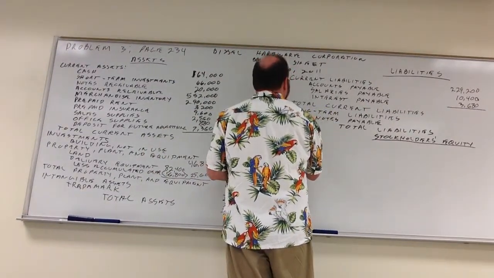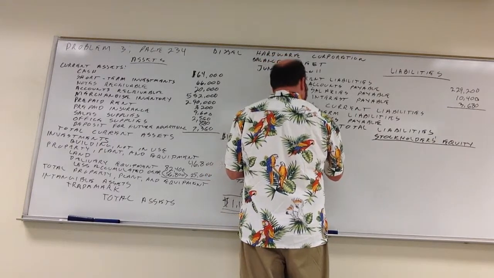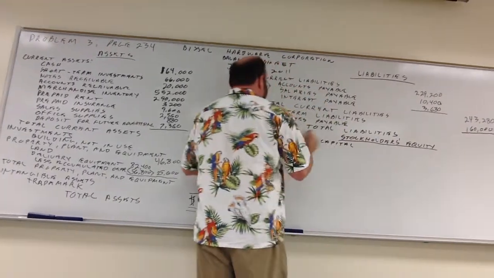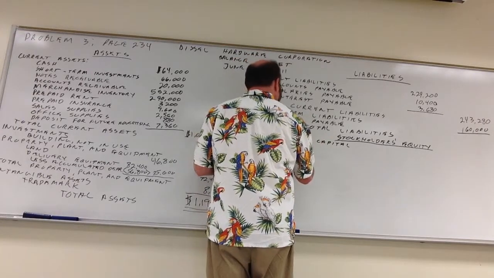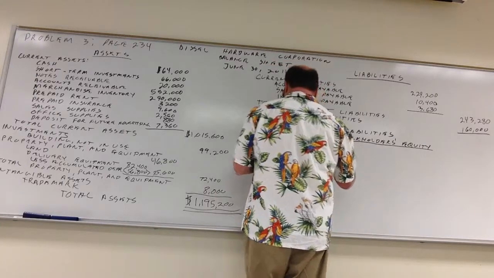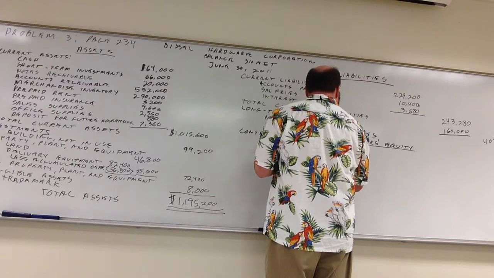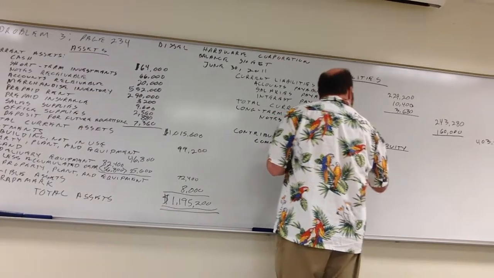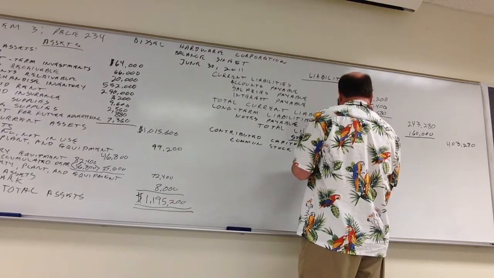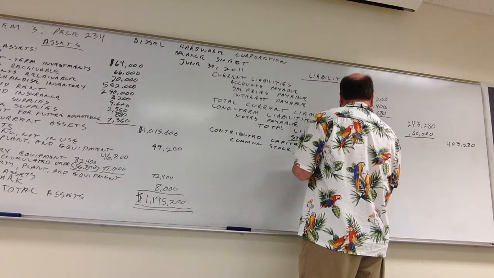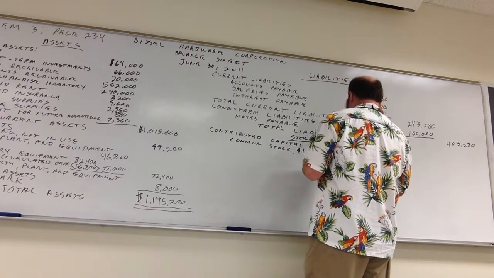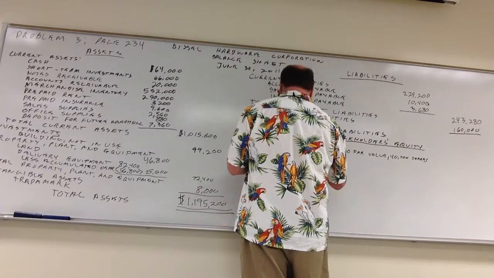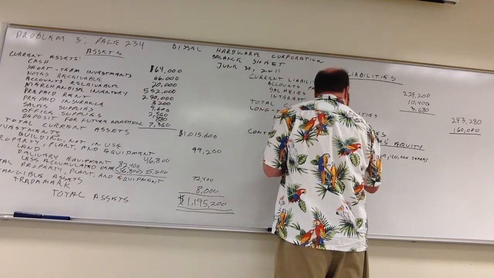Contributed capital: so we have common stock, and this common stock has a $1.10 par value, with 40,000 shares authorized, issued, and outstanding.